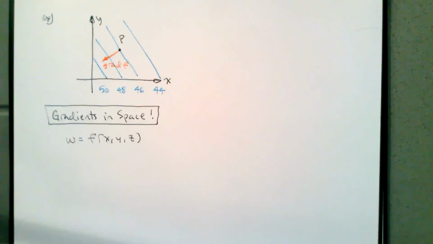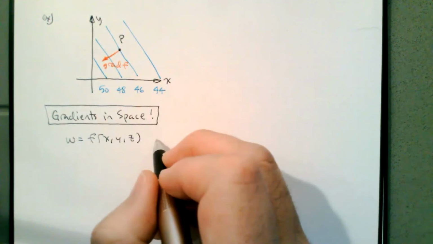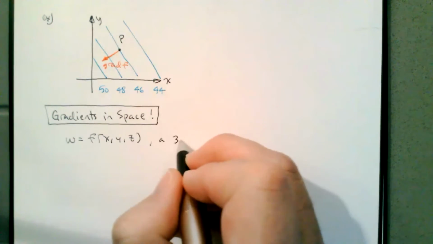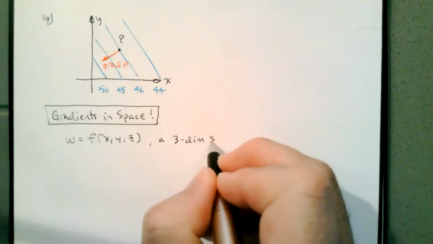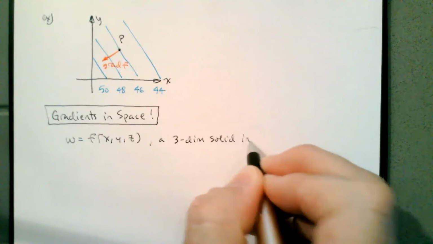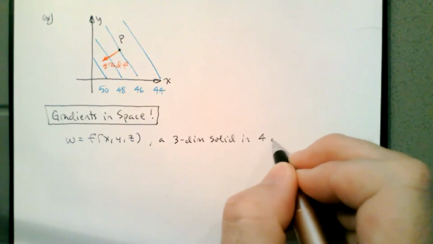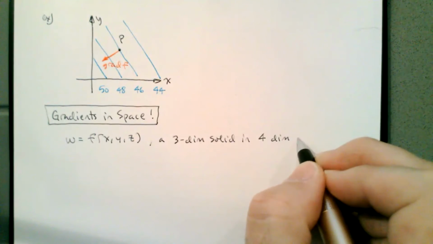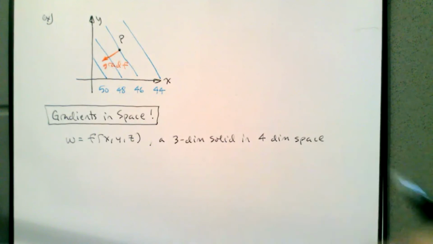When we look at the function W is equal to f of x, y, and z, we're now talking about a 3-dimensional solid in 4-dimensional space. So this is an upgrade from our function of 2 variables.